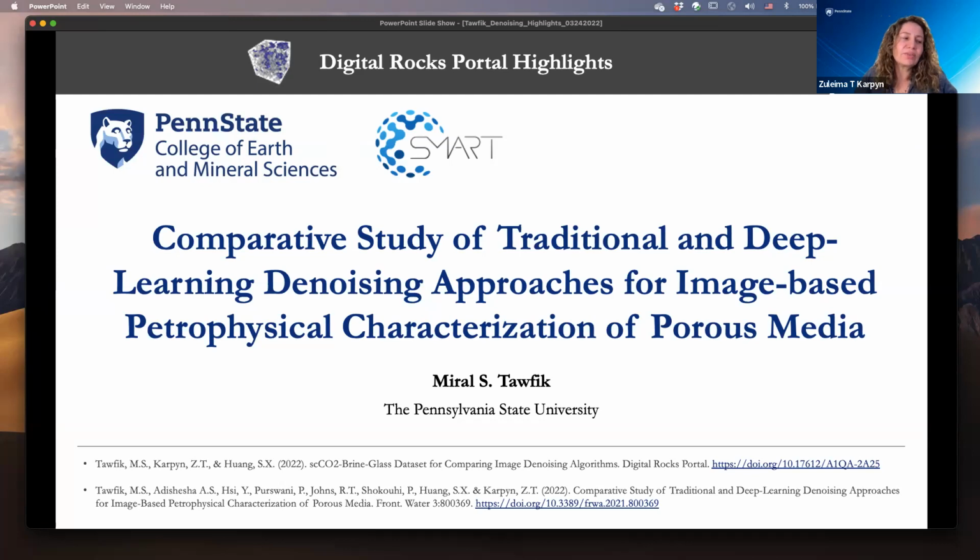And before I get to the big picture, something else I wanted to add about this piece of work is that whenever you present a comparative study where you're trying to assess performance of a combination of different denoising algorithms, inevitably, you're trying to find the best performer across all measures of assessment.